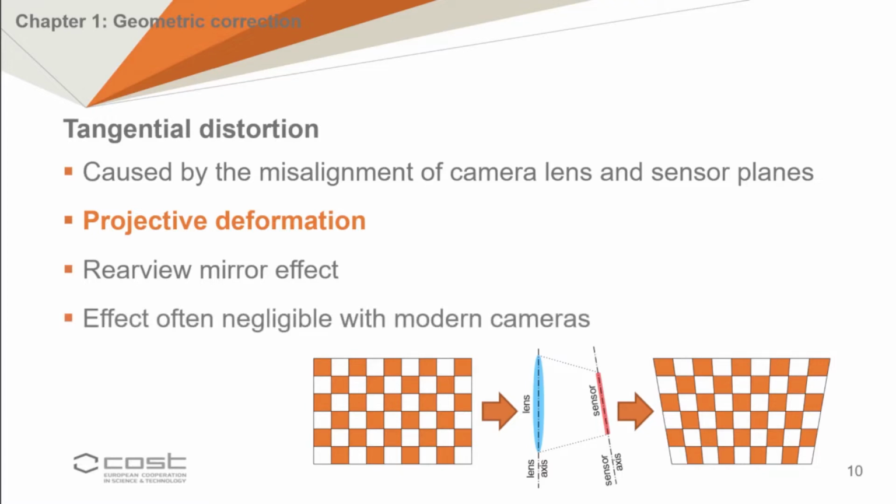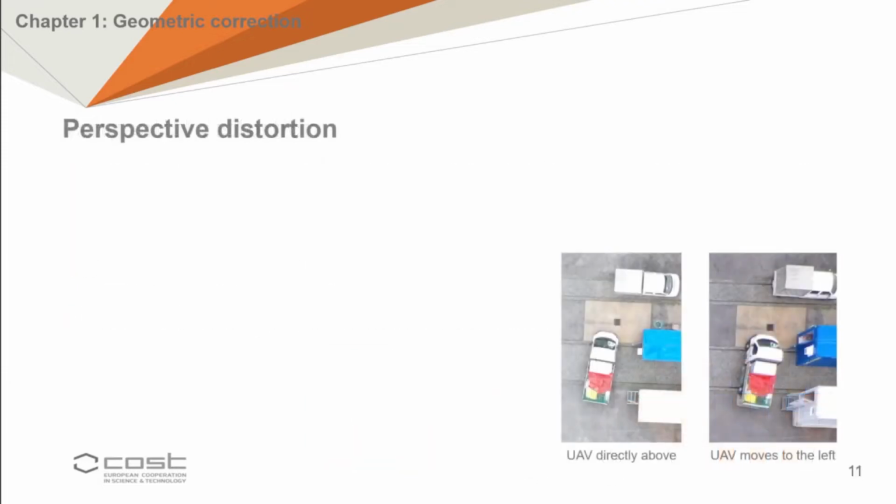Good thing is that modern camera manufacturing process is far more precise than it used to be, and such effects are often small or even negligible, but the intensity of this distortion still needs to be estimated and, if need be, compensated for. And the final geometric issue is one that is quite difficult to completely avoid, called perspective distortion.